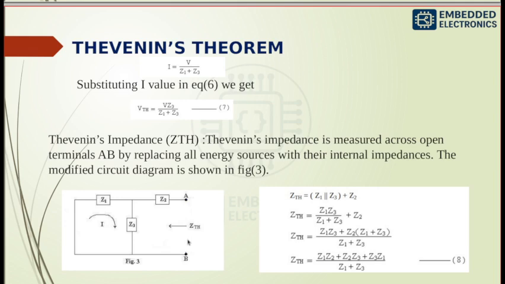ZTH means Thevenin's impedance. So from this equation, ZTH equals Z1 parallel to Z3, plus Z2. How to simplify this? Z1 Z3 divided by Z1 plus Z3, plus Z2. Now you need to take the LCM, so multiply and divide by Z1 plus Z3. Okay. Then you need to multiply Z1 Z2 plus Z2 Z3. Then you will get the final equation.